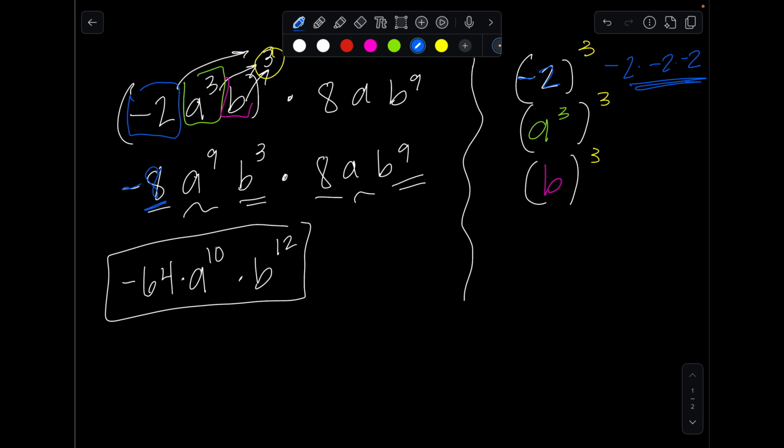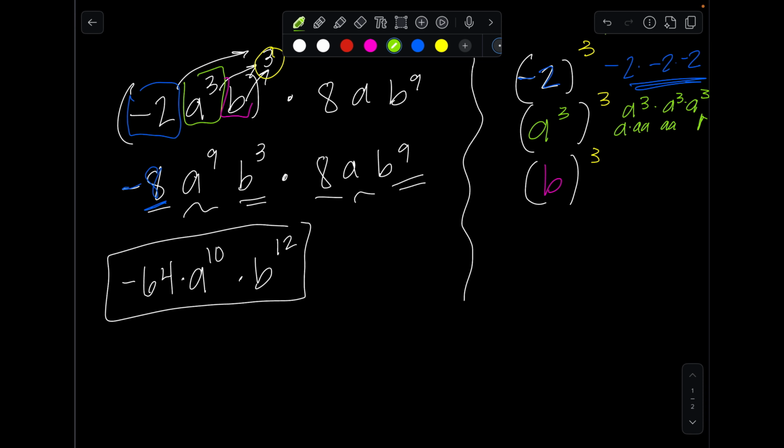Now this green, a to the third 3 times means a to the third times a to the third times a to the third. It's 3 times. You're multiplying this to itself 3 times. What does a to the third power mean? It means a times a times a. This also means a times a times a.